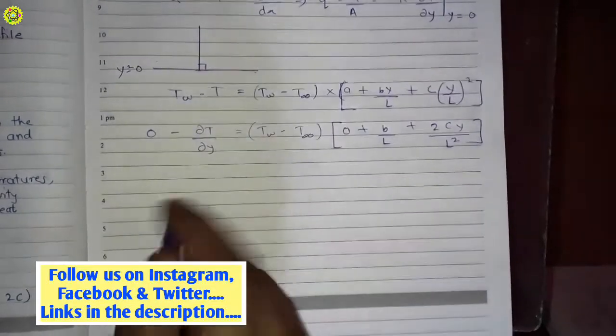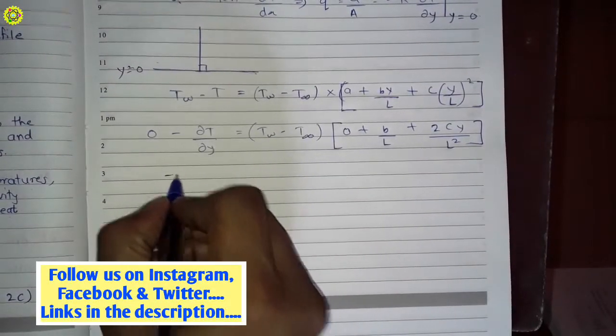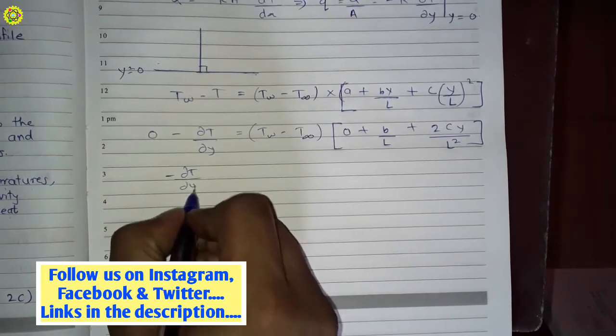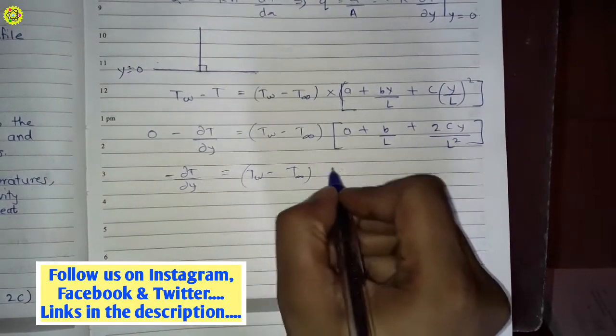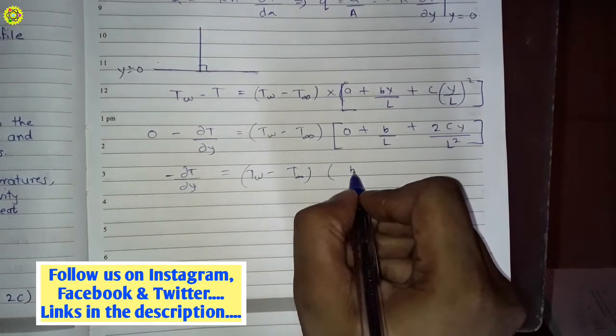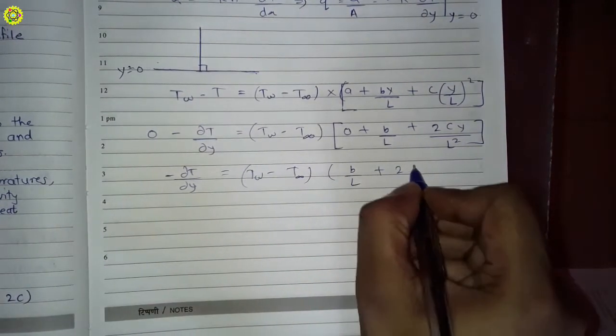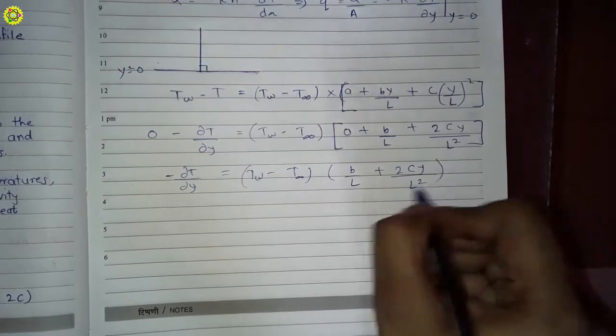Simplifying, minus dou T upon dou y is equal to Tw minus T infinity into bracket B upon L plus 2 C y upon L square.